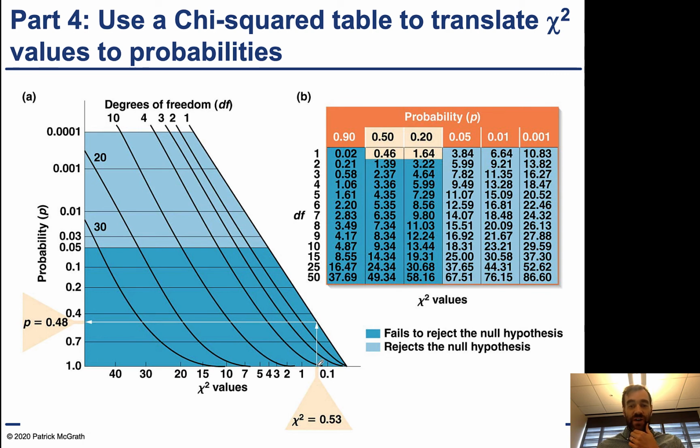You take this chi-squared value, which is approximately right here on the x-axis, since the x-axis shows chi-squared values, and you go up until you reach the line that corresponds to your degrees of freedom. For this first case, that is 1. You then follow this line over to identify the p-value, listed on the y-axis, and that's equal to 0.48.